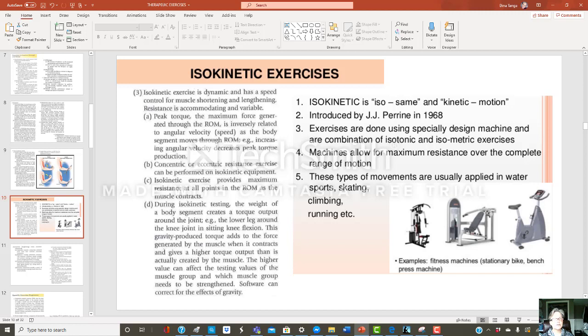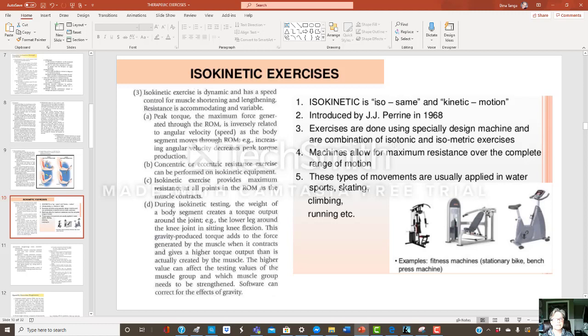The maximum force generated through the range of motion is inversely related to angular velocity, speed, as the body segment moves through range of motion. For example, an increasing angular velocity decreases peak torque production. Concentric or eccentric exercise can be performed on isokinetic equipment.